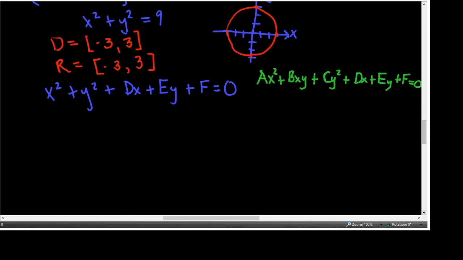And it just so happens that if b is 0 and a and c are the same number, then you have a circle.